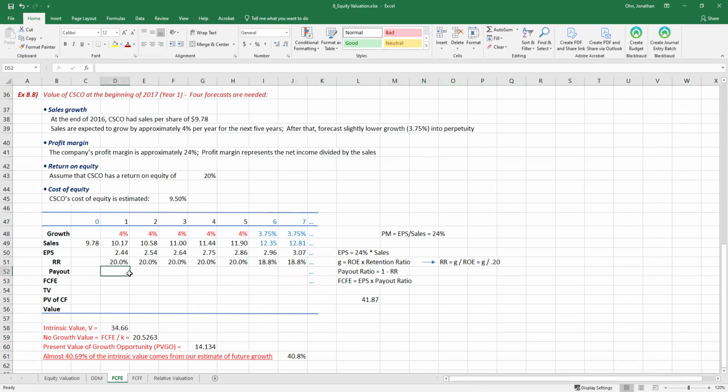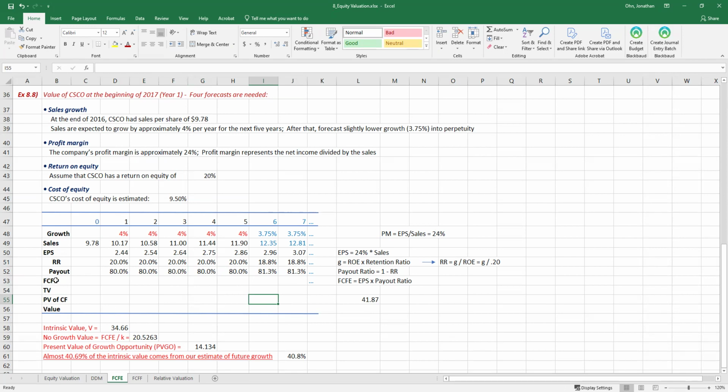And payout ratio is nothing but 1 minus retention ratio, right? 80%, 81.3%. That's the payout ratio. That's what we need. All right. Now we're almost there.